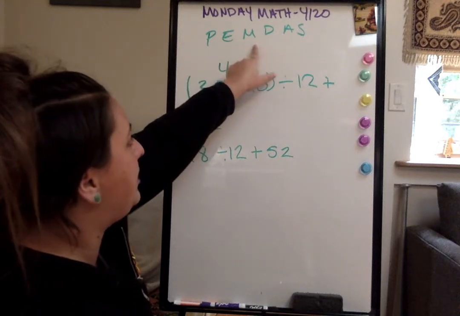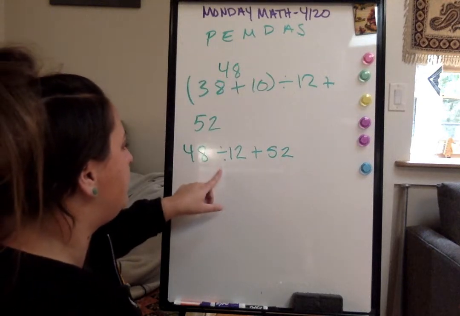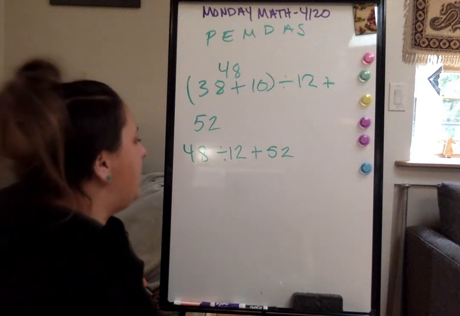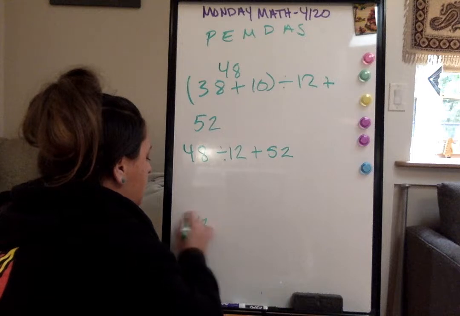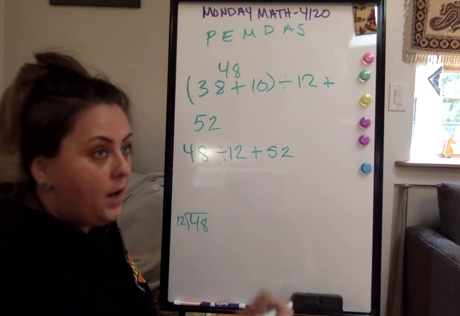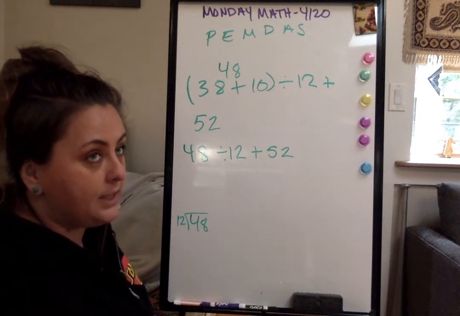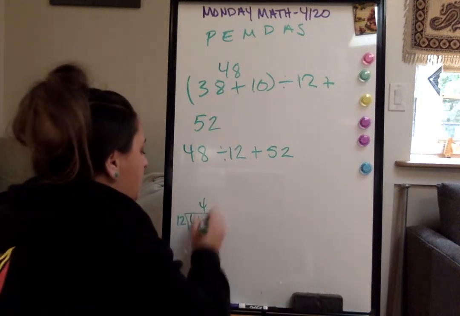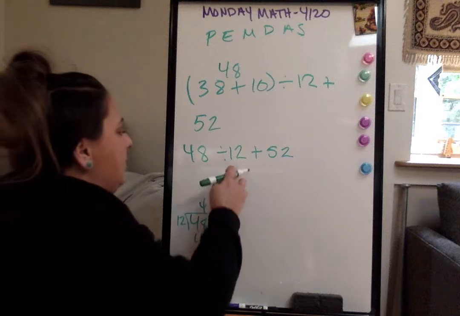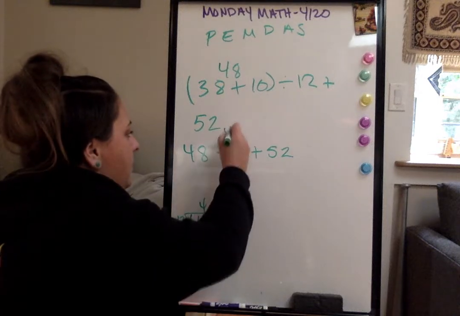Now I'm going to multiply or divide. Well, we do have some division here. So 48 divided by 12, you can even work it out: 12, 24, 36, 48. So 48 divided by 12 is 4.